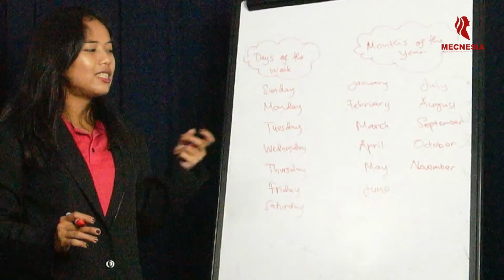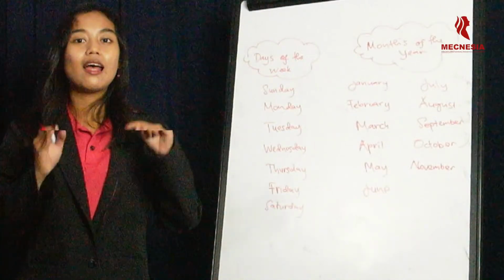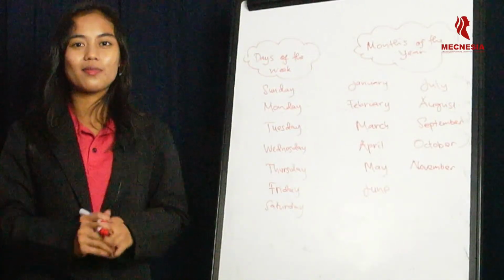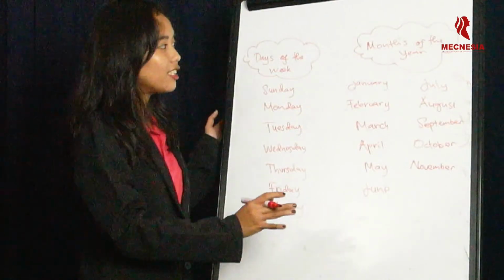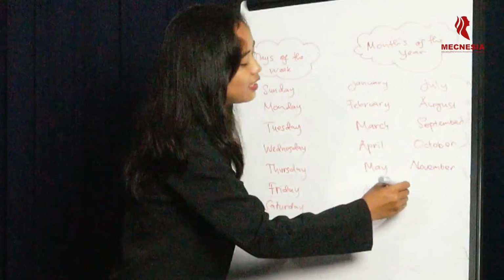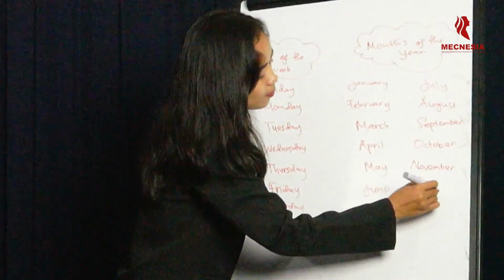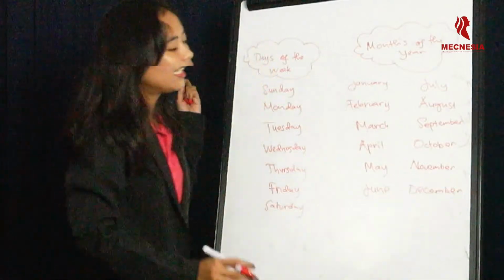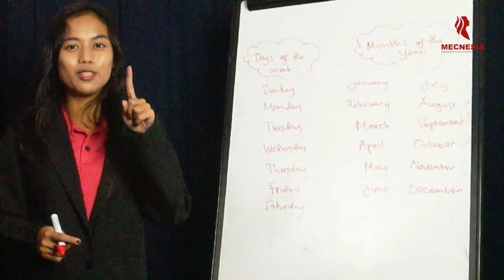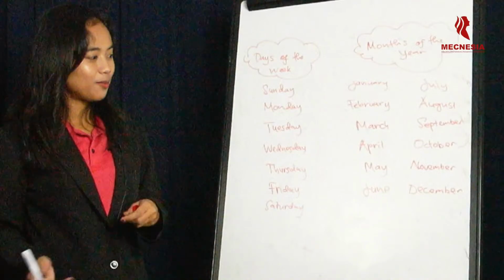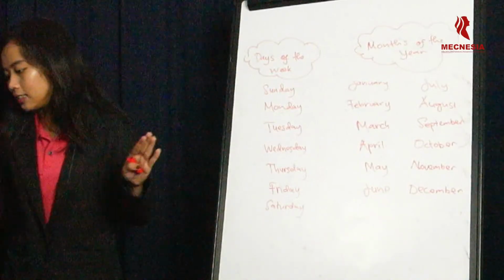Okay, bulan 11 is November. November. One more time. November. And the last month of the year is December. December. One more time. December.